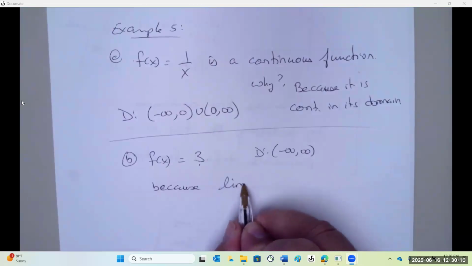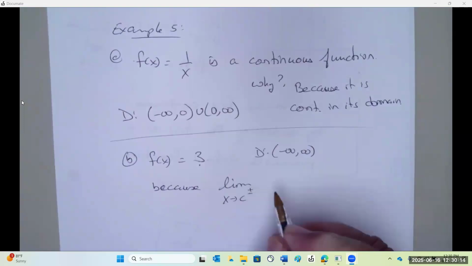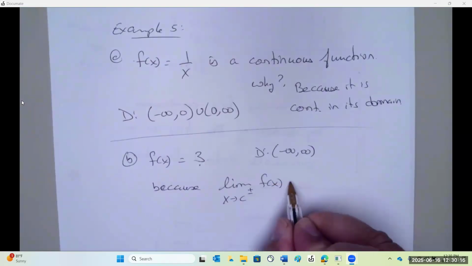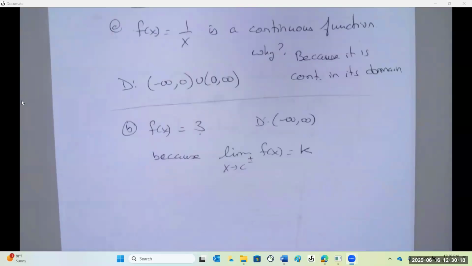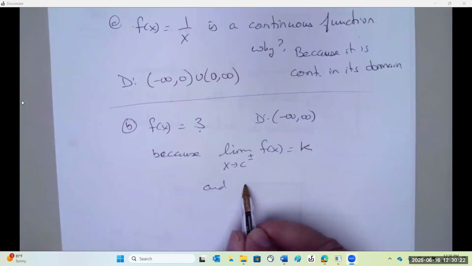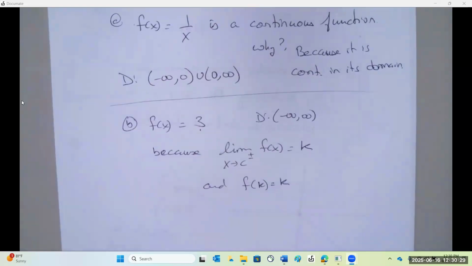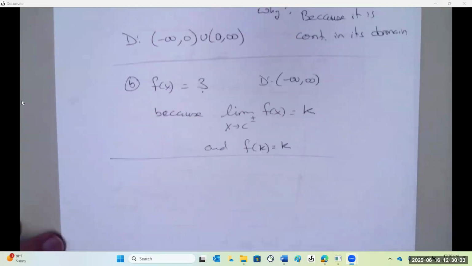Because the limit as x approaches any c from the right or left equals that constant value. Any value you pick is always that constant value. And that's why it's the definition of continuity.